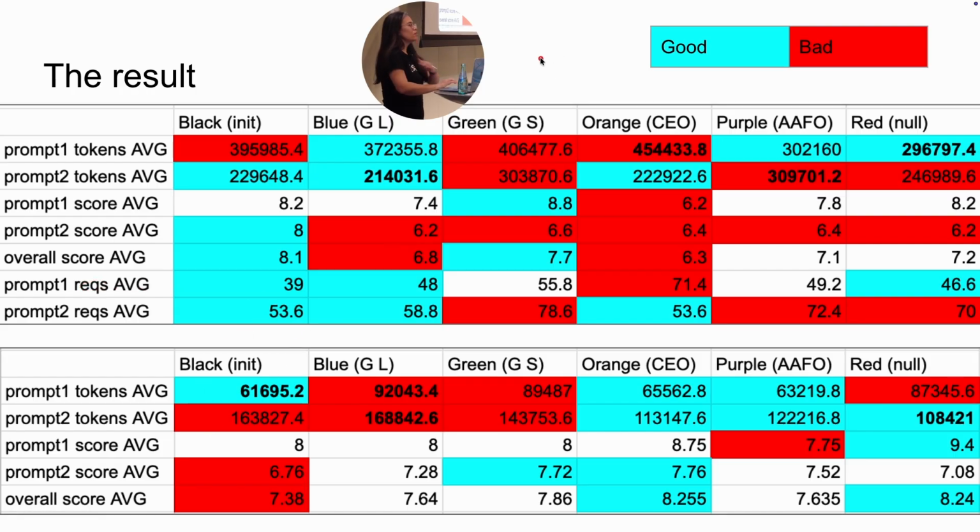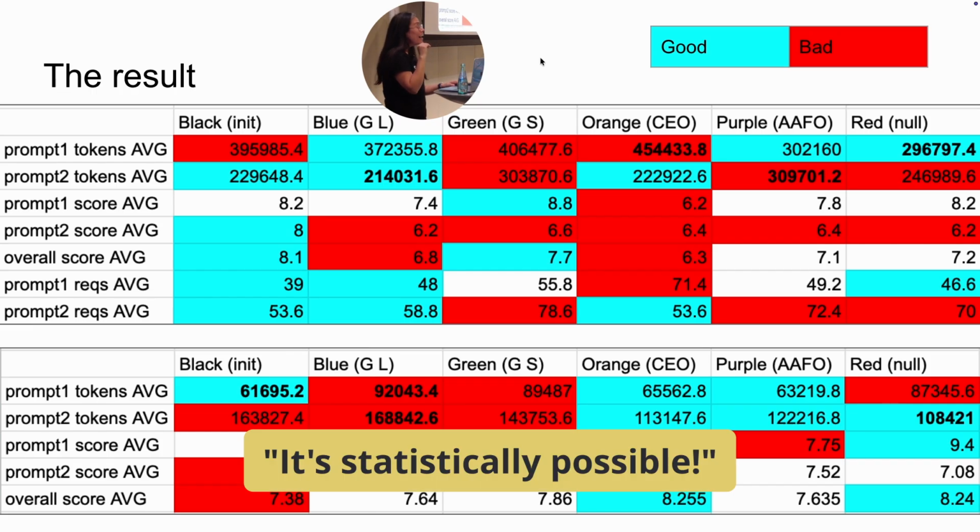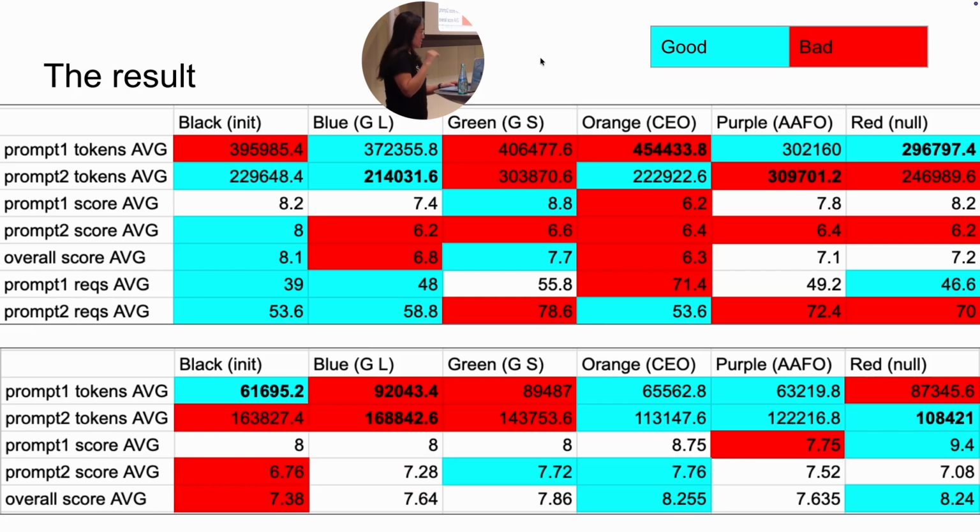And here, oh yes, before I continue, is there any person who is colorblind here? No colorblind people? It's almost impossible, because I think 10% of men are colorblind. Yeah, it is. But okay, because I did a version where, in general, for good we put green, and for bad we put red.